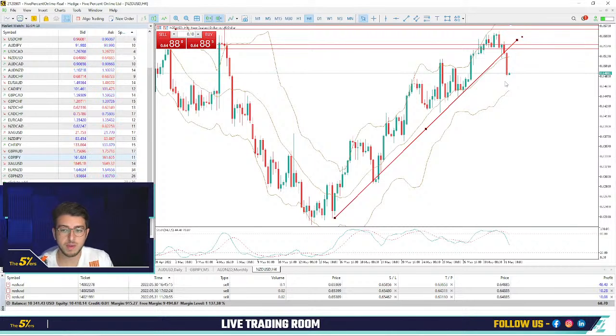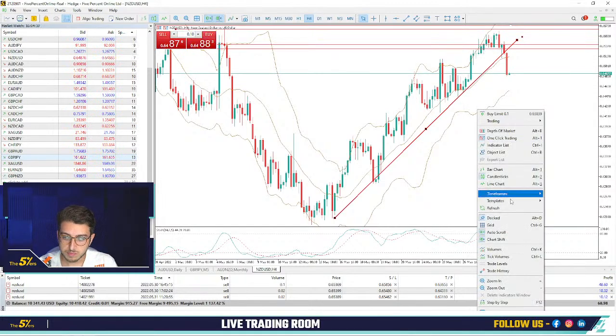So for me, this is looking quite good. The thing that I will do right now is possibly manage my stop loss, probably move it to break even. That will be the first step. And if the trend continues to go down, of course I will trail the stop loss. That's the first thing I'm going to do.